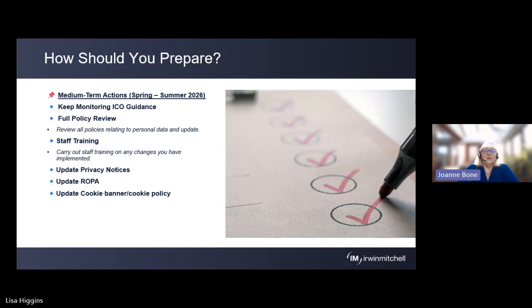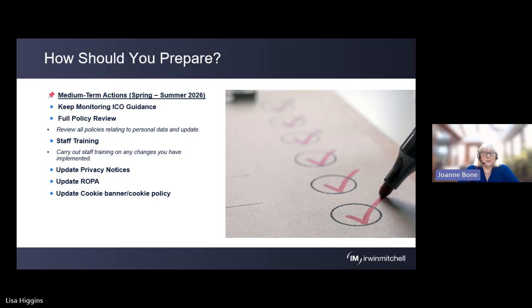And finally, and as I say, these are definitely not written in stone, but things you might want to think about. Monitoring ICO guidance. It's probably worth, when everything's just about finalised in terms of the guidance from the ICO, doing a full policy review. Is everything picked up in your policies now the new guidance has come out? Staff training.